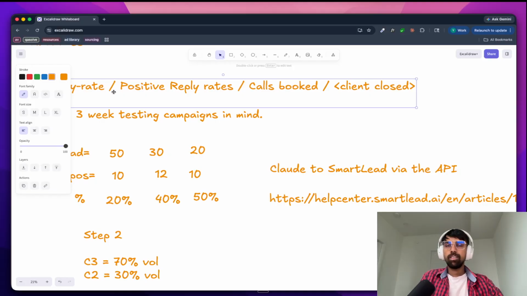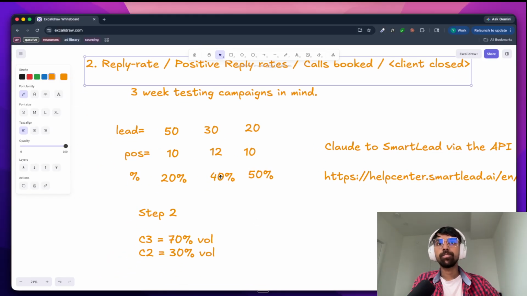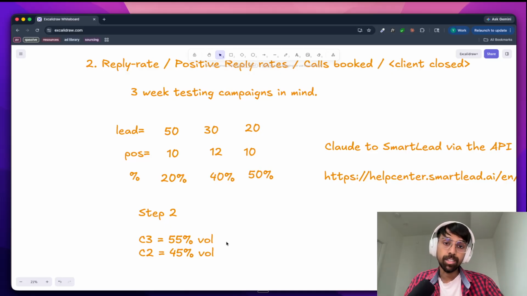Obviously you have to keep in mind that if the data between certain campaigns is small, then you'll probably need to deploy more volume into each of the good winners in order to understand what's working. So for example, you can also make this slightly smaller. Instead of 70/30, you can do 55/45% volume.